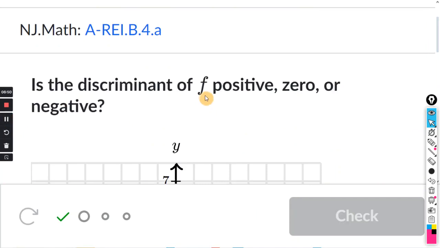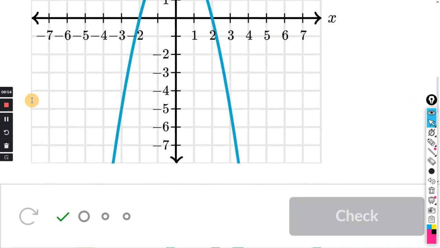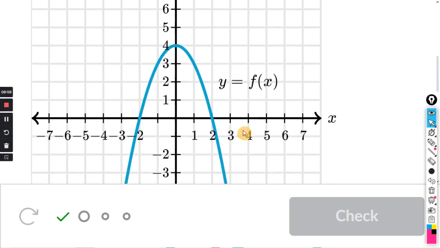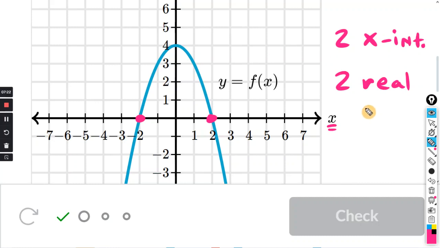Is the discriminant of F positive, 0, or negative? Let's take a look. This is pretty easy. If you look at the graph here, we can see right on the graph, this parabola, here's our x-axis right here. And we have 1, 2 x-intercepts. And we said in the notes, if it has 2 x-intercepts, that means it has 2 real roots.